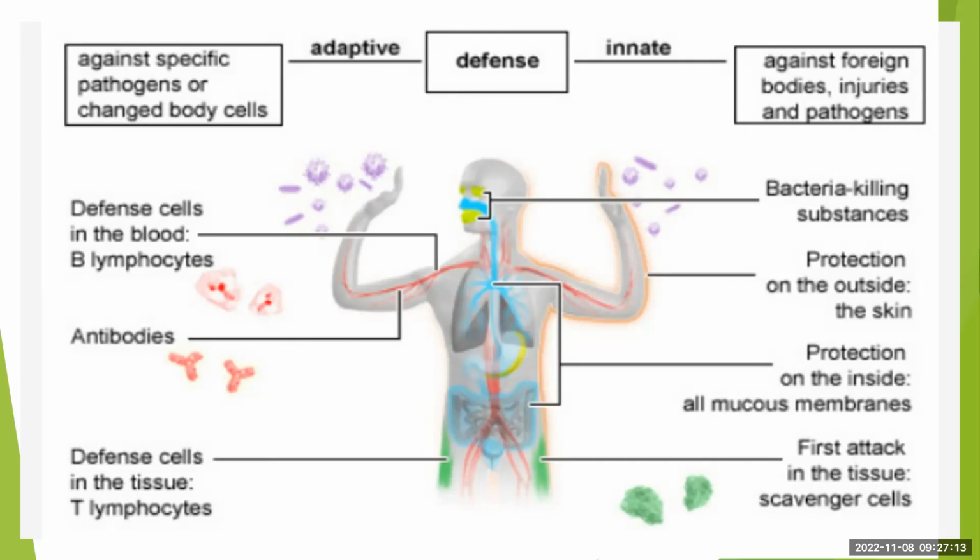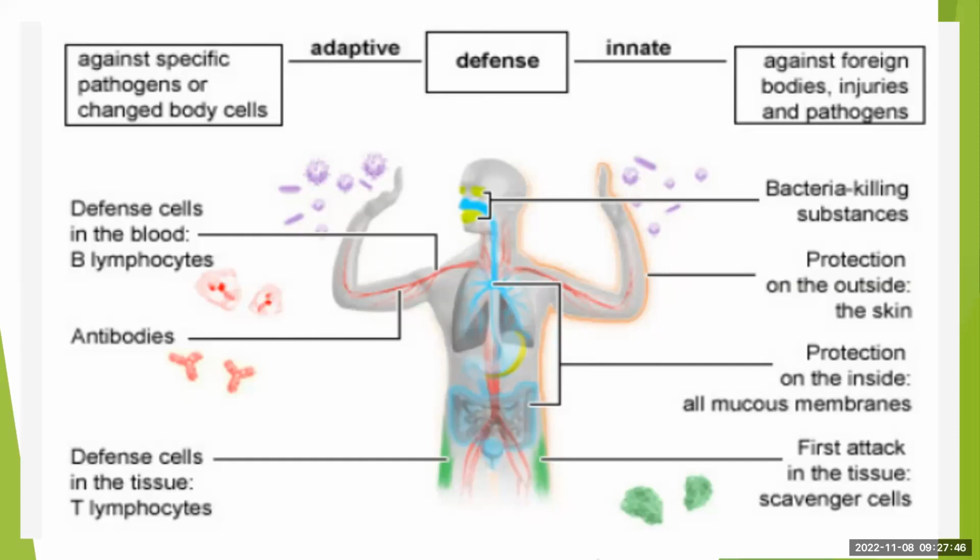Then we've got bacteria-killing substances, starting from the mouth, where we have amylase, a particular enzyme that is able to kill bacteria, starting from entry all the way to the skin, which protects us from any intrusion of any foreign entity, and also coming down to the mucosa of the membranes, through the respiratory tract all the way to the gut.